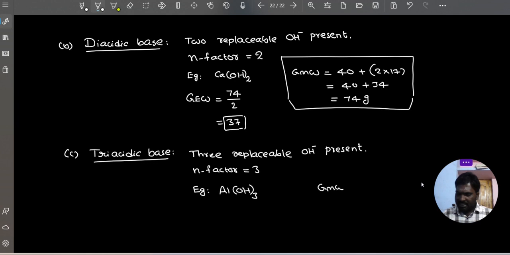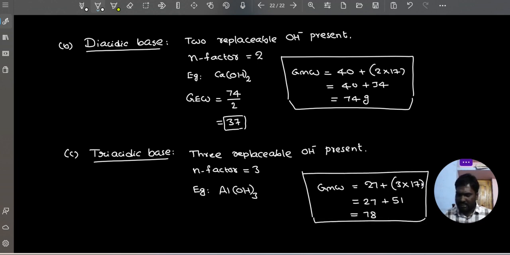Its gram molecular weight: aluminum 27, plus 3 into 17, so 27 plus 51, total value 78. This is the gram molecular weight of Al(OH)3. How can we calculate its gram equivalent weight? Gram molecular weight divided by the number of replaceable hydroxides, 3. Now 26 is the right answer. What is the gram equivalent weight of aluminum hydroxide? 26.